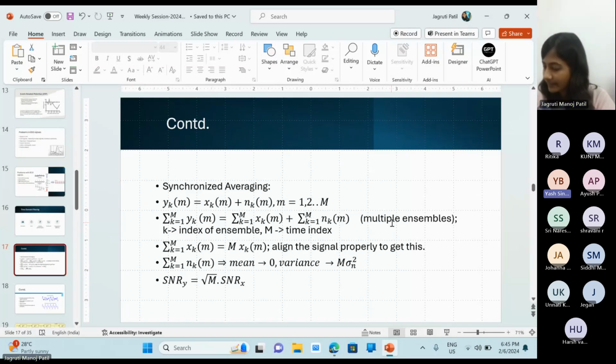Ensemble averaging is for particular frames we are doing, and for time averaging we are doing it for a particular time period. What happens in synchronized averaging is, if you have used an oscilloscope, there's an option called trigger and then sync.